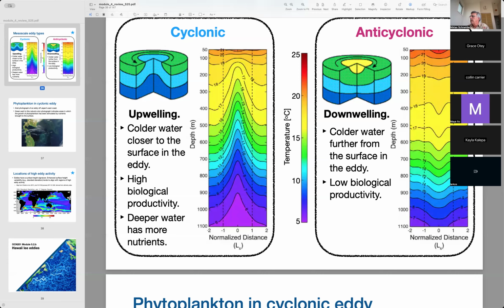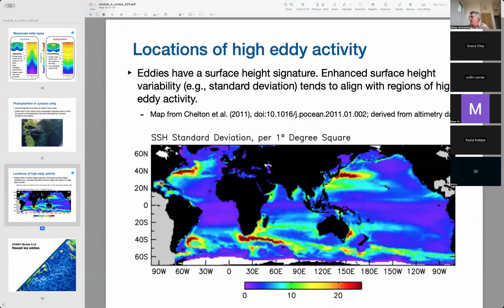You know, these eddies are not distributed evenly throughout the ocean. They occur everywhere in the ocean, but the amplitude and the strength change from place to place.